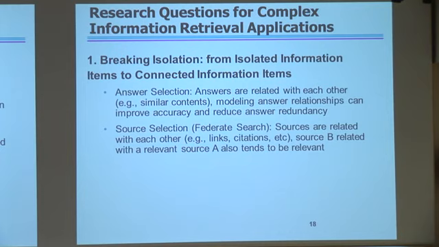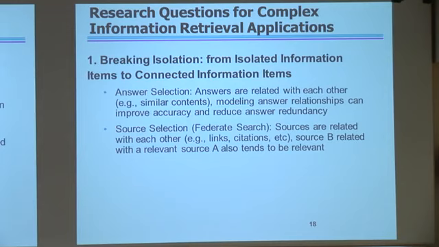So I would like to address particularly three issues that we have designed some learning algorithms for IR applications. The first one is we want to break the isolated information items to consider a joint set of information items. As in the case of web search, one approach is to look at each document or each pair of documents separately.